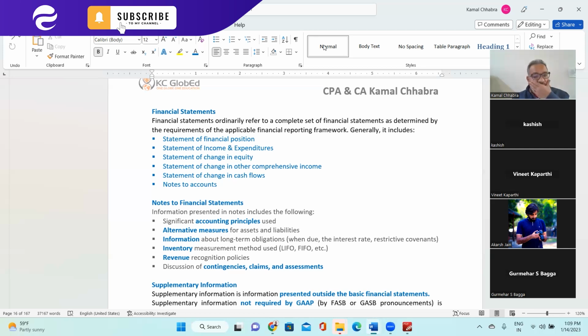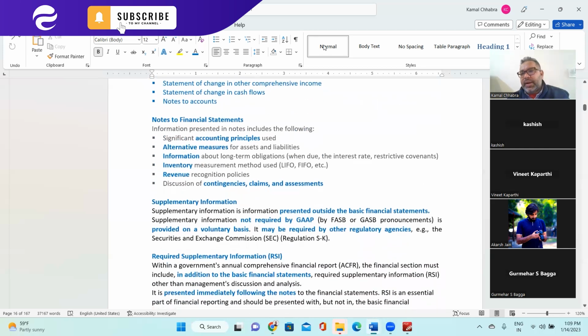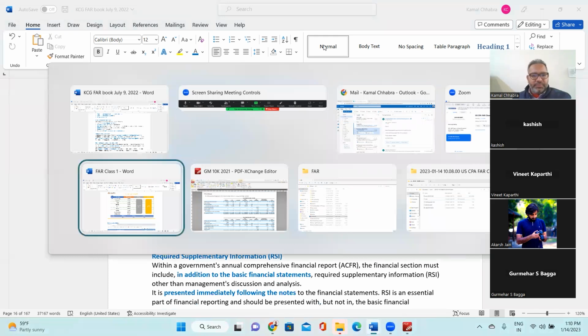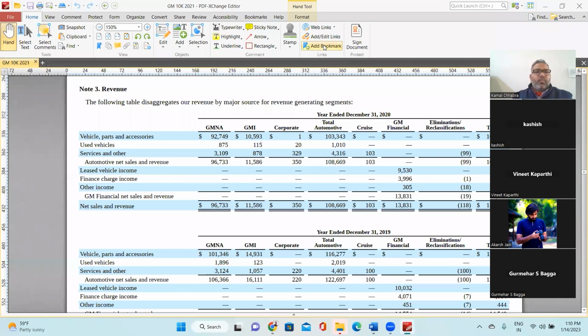Next is notes to the financial statement. What is notes to the financial statement? Basically, they are explaining the significant accounting policies and principles adopted and used by the management in the preparation of the financial statement, right?